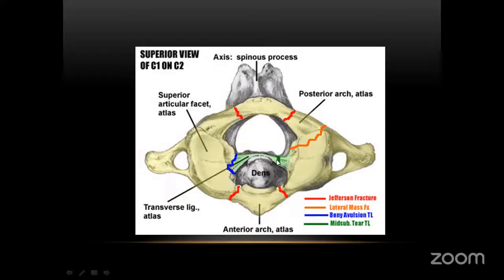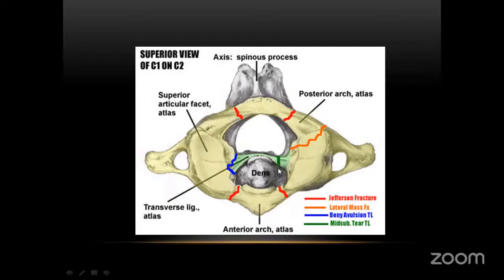Look at here. This is the transverse atlantal ligament. This is the odontoid. Posterior is attached to this one and the C1. Okay, look at here. So this is the transverse ligament. When the transverse atlantal ligament is disrupted at any side, not at the junction, or is cut down completely, that is called the mid-substance tear or mid-substance transverse ligament disruption.